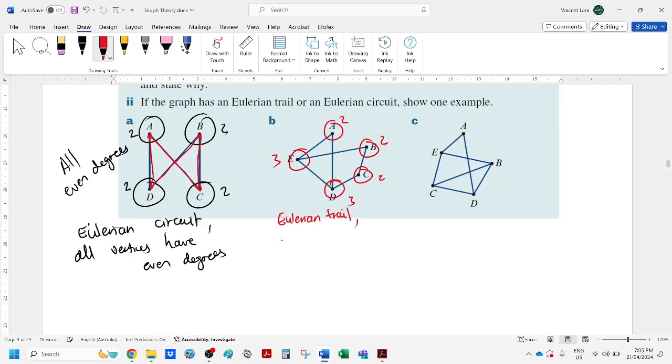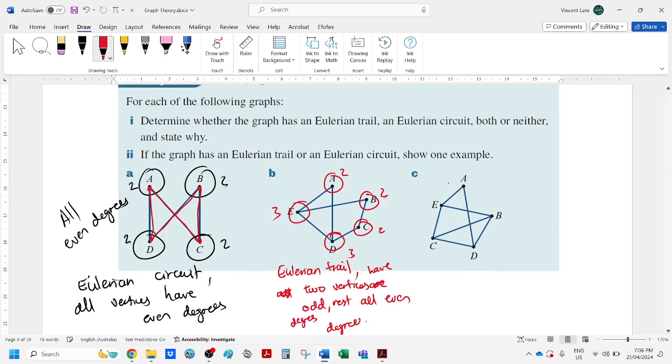And the reason being, 2 vertices have odd degrees, and the rest are even degrees. Okay. Don't be lazy, just write it. So something along that line.